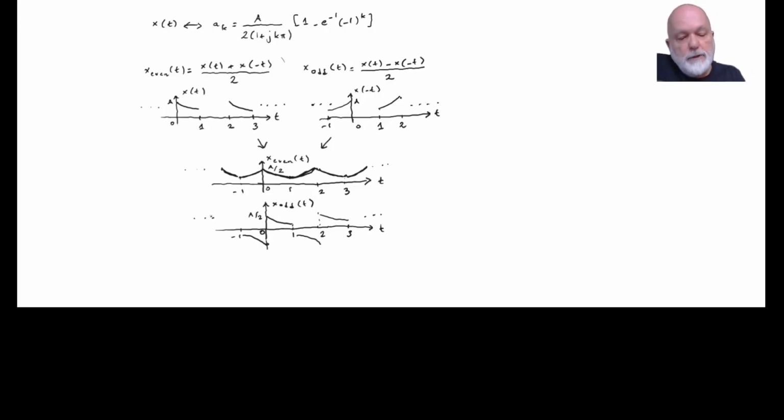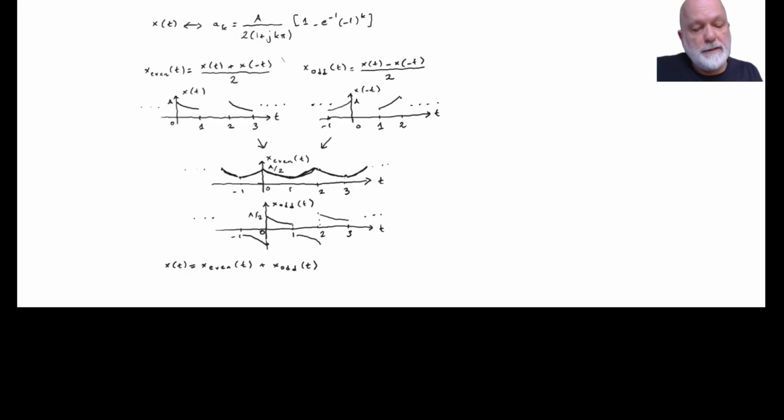Now, in fact, we know that x of t is equal to the sum of its even part and odd part. So, from a_k, how can we obtain the Fourier coefficients of, for example, the even part?